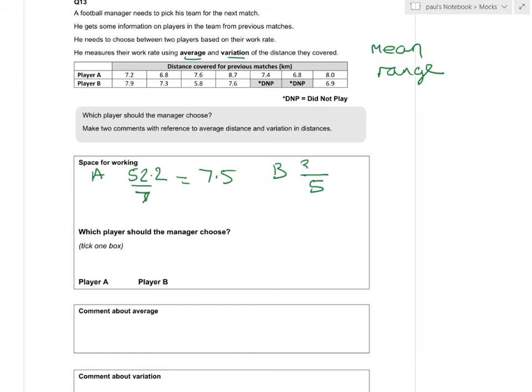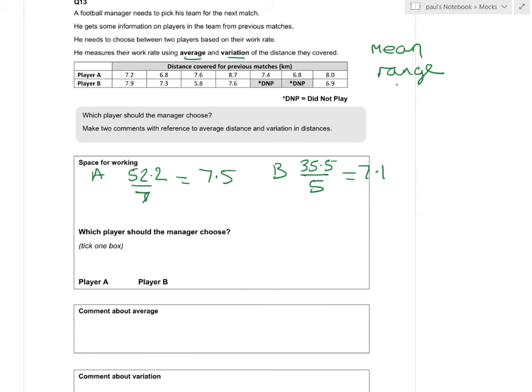So 35.5 divided by 5 is 7.1. Right, 7.1. So player A's average for the distance covered is better.